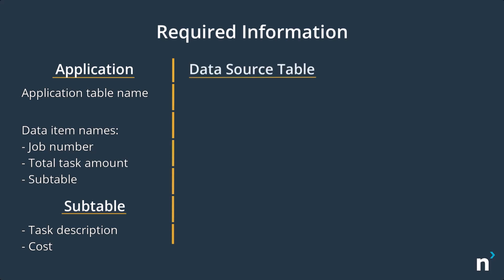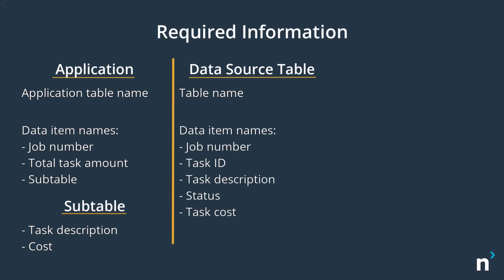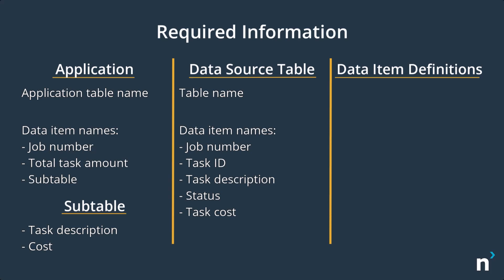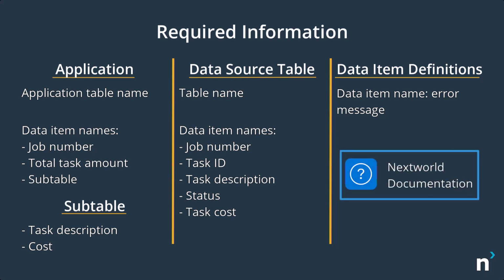From the job detail table, we need the table name and the data item names for the job number, task ID, task description, status, and task cost fields. The last piece of information we need is the name of the message data item which will be used for the error message. If you are not familiar with message data items, check out Nextworld documentation.